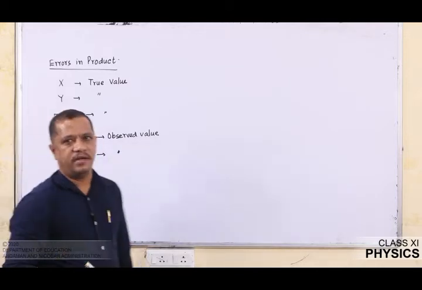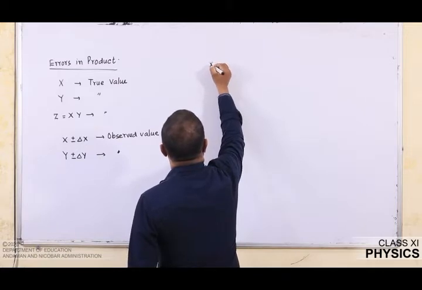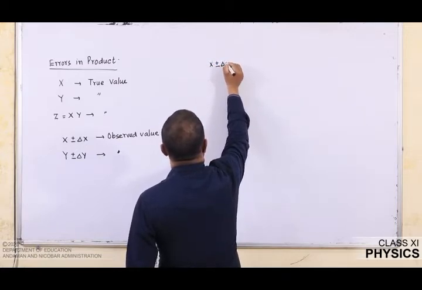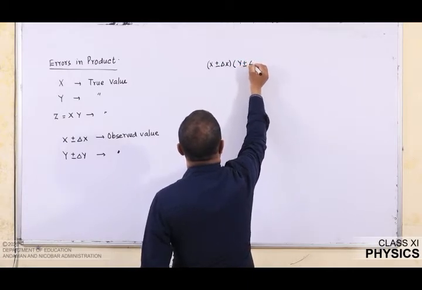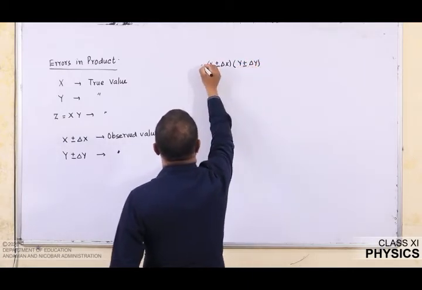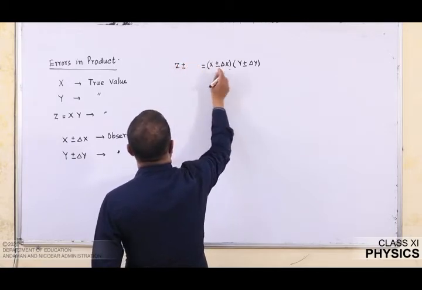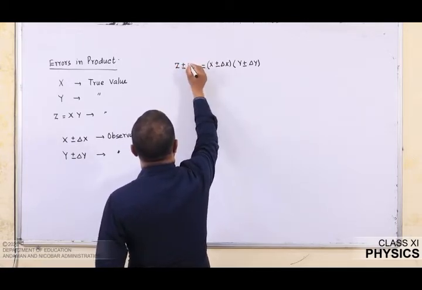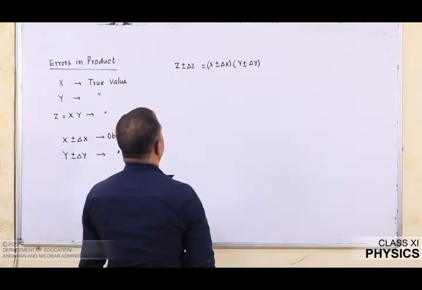When we ask to calculate the product of the two, he tries to find the product between the two, x plus or minus delta x times y plus or minus delta y, and he knows that since it has errors, the product will also have error.